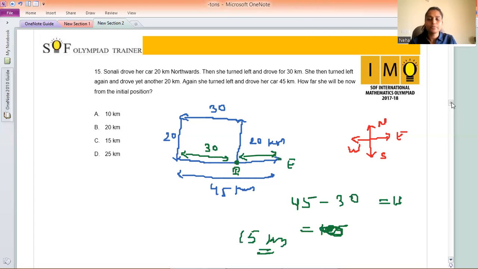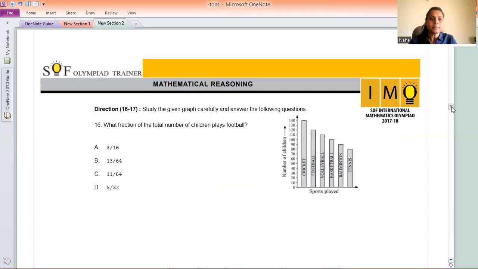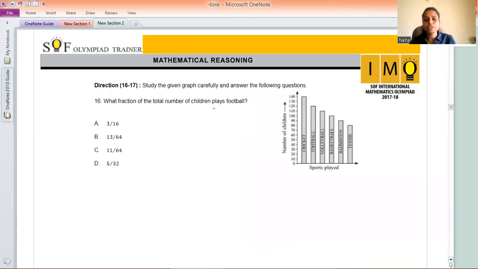Now the next one, question number 16. What fraction of the total number of children plays football? In this diagram, some sports are given and some numbers of children are given. Here I can see cricket, football, volleyball, basketball, badminton, and tennis. The question is asking what fraction of the total number of children play football. How many children play football? 120. So 120 upon the total number of children.